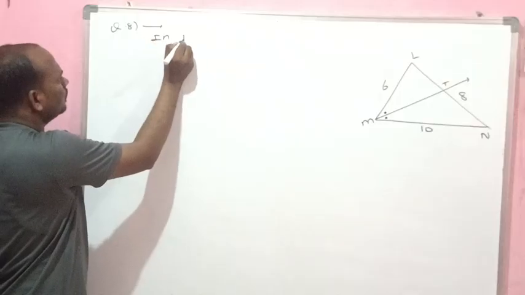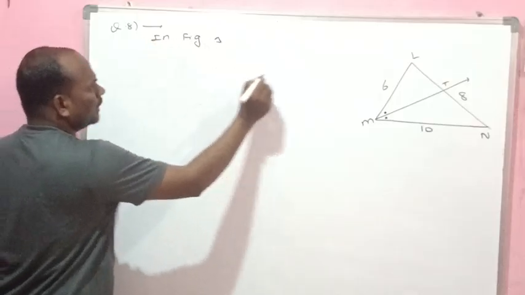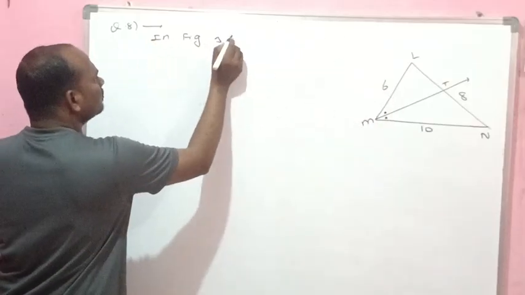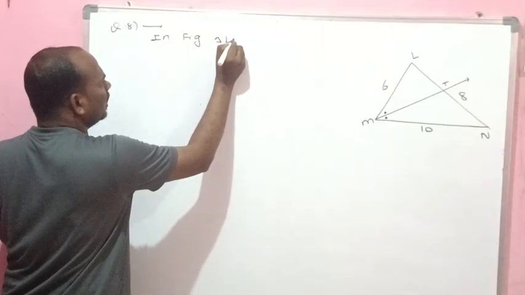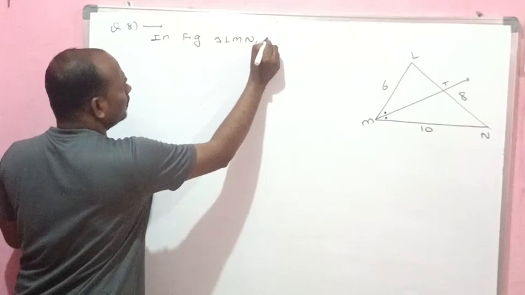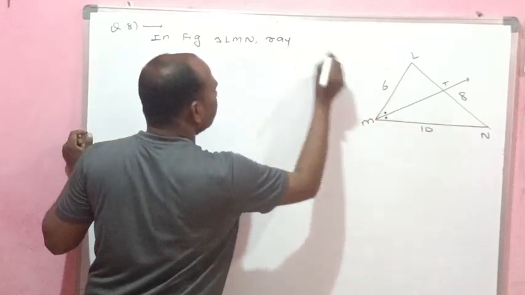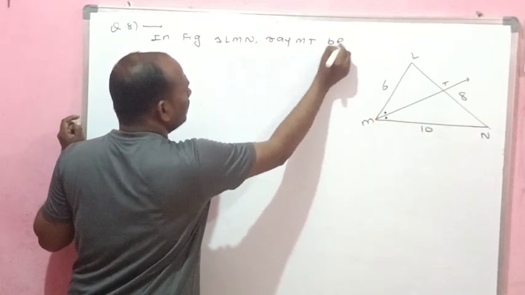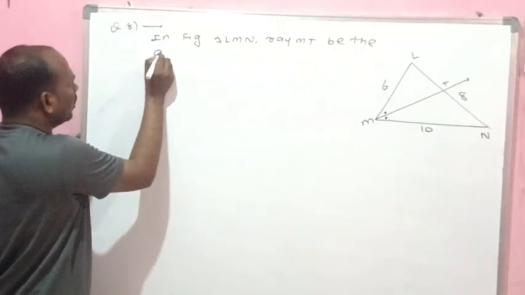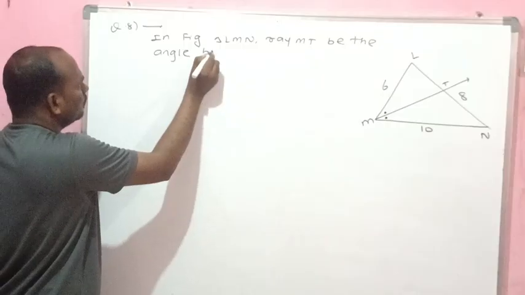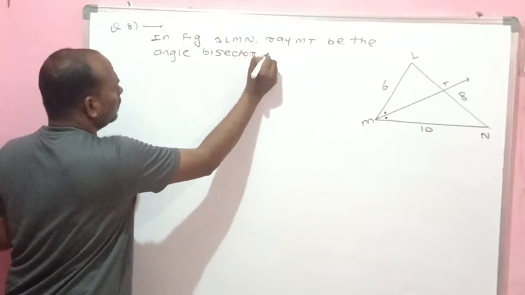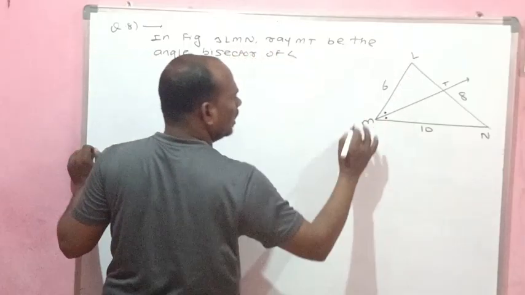Now in the figure, triangle LMN, ray MT is the angle bisector of angle LMN.